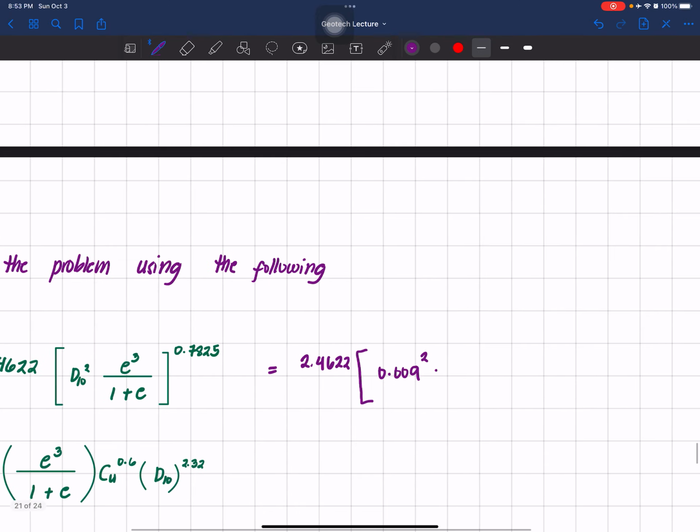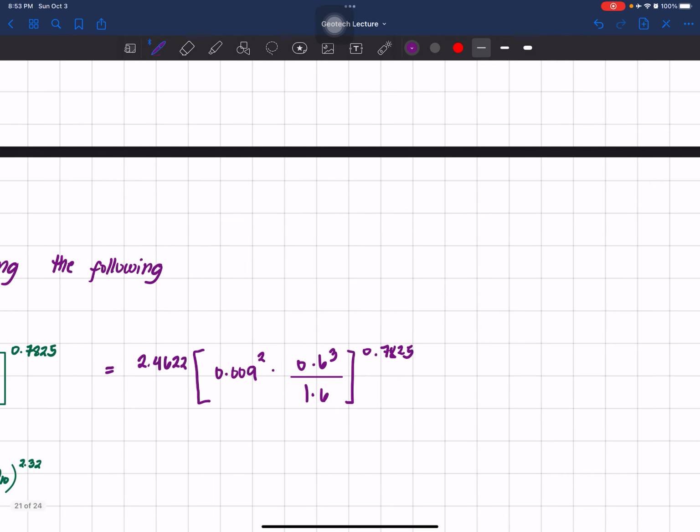Multiplied by, what is our E? 0.6 cube all over 1.6. Yan. Tapos, i-erase mo siya into 0.7825. Okay. So, what will now be the value? So, 2.4622 multiplied by 0.009 squared times 0.6 cube all over 1.6 raised to 0.7825.